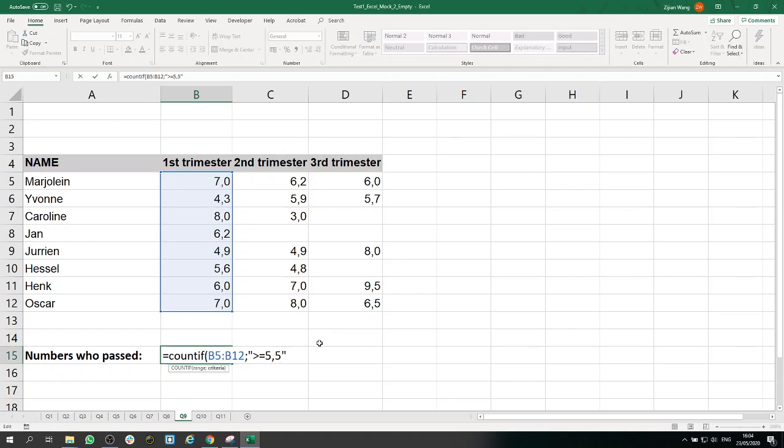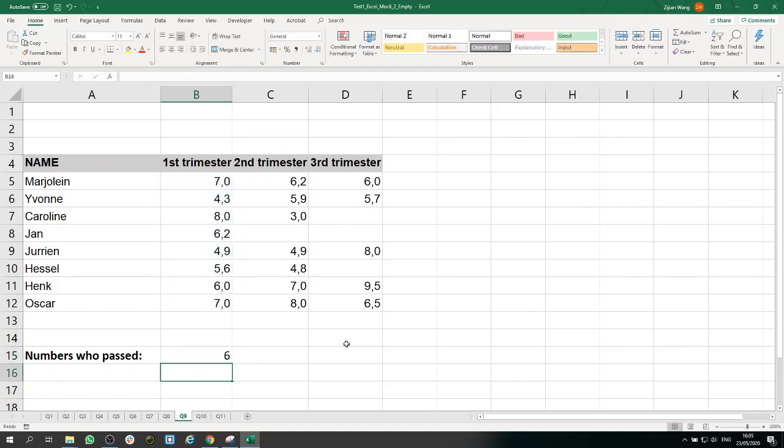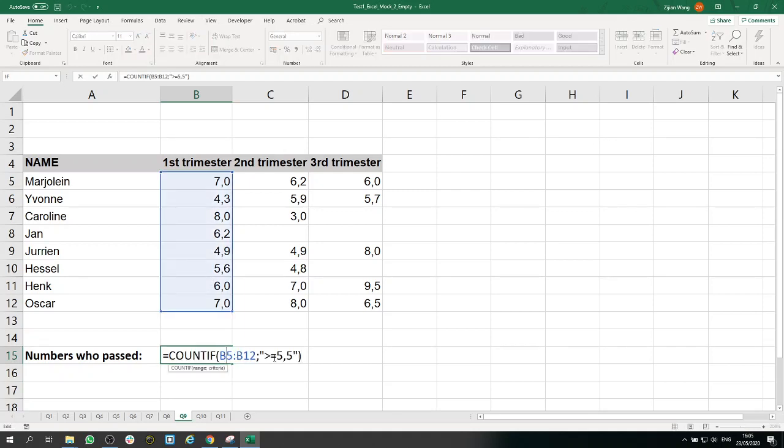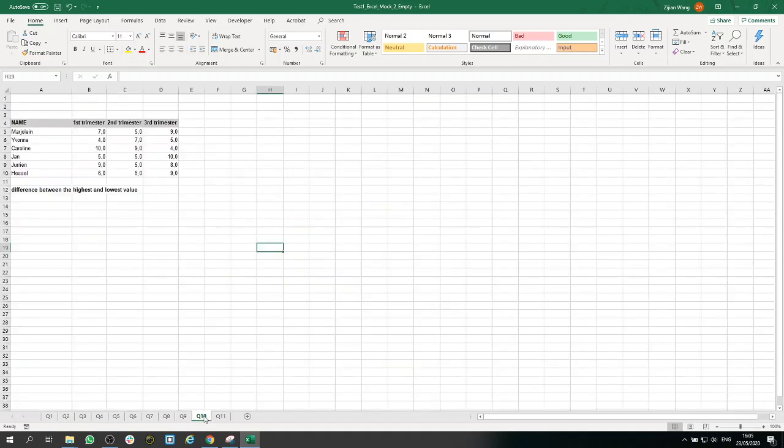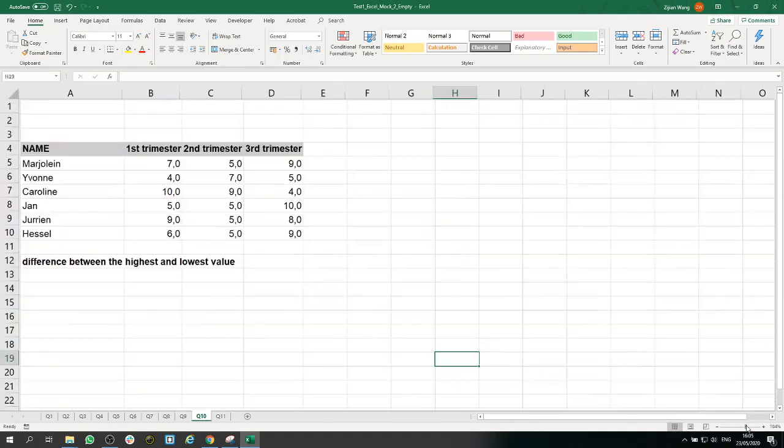So now we have more than or equal to 5.5, and that number is 6. If we are confident about our formula, then we just copy it horizontally to other cells. Alright, that's question 9. Let's move on to question 10.